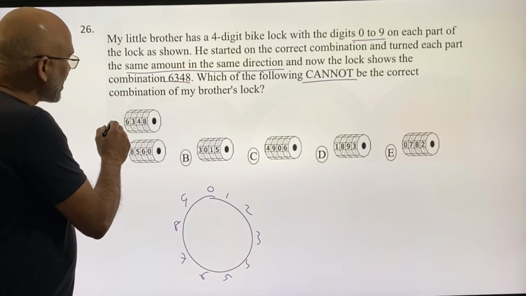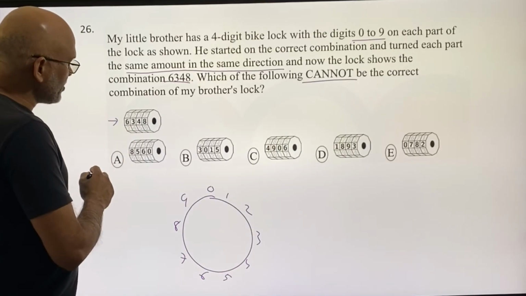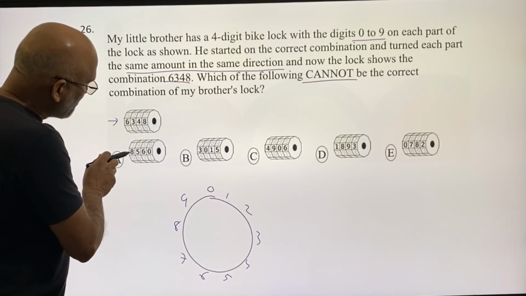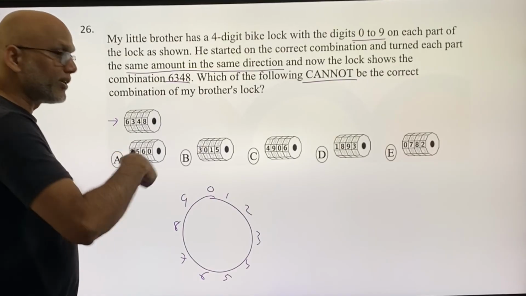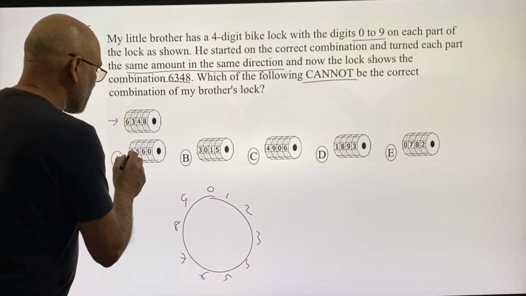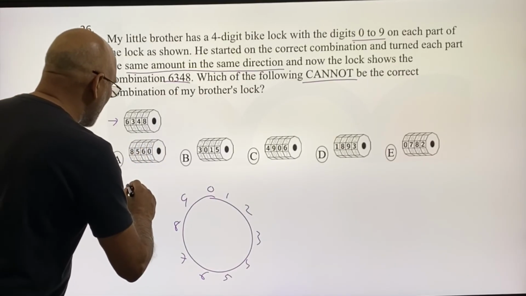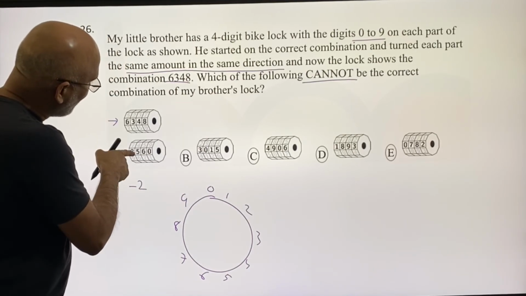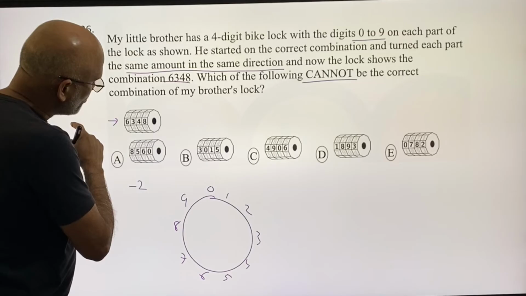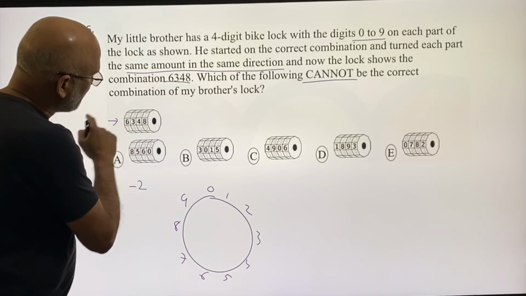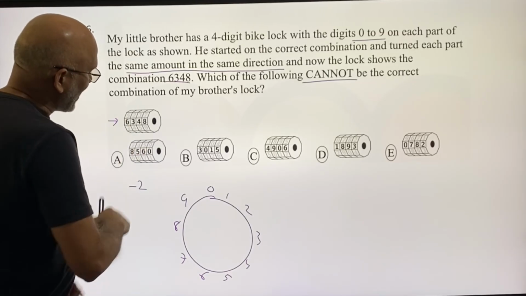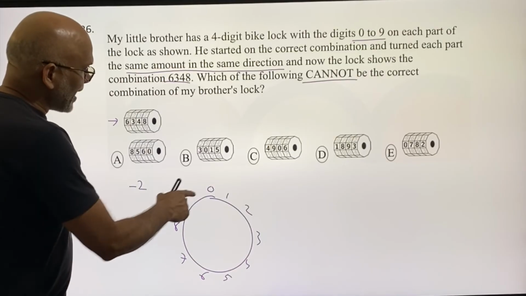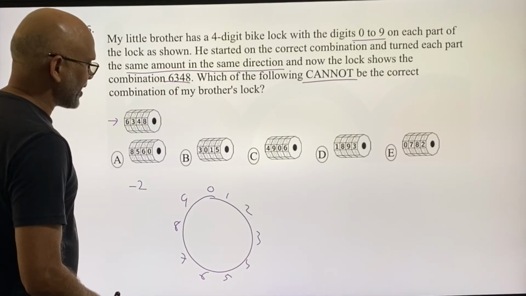If we compare with the original combination, basically, can I go from here to here by turning the same amount? So to go from here to here, how about minus 2? So 8 minus 2 is 6, 5 minus 2 is 3, 6 minus 2 is 4, 0 minus 2. All right, so that is where we need this diagram.